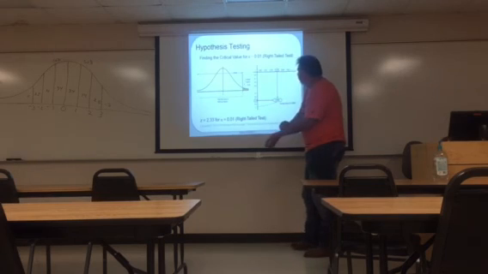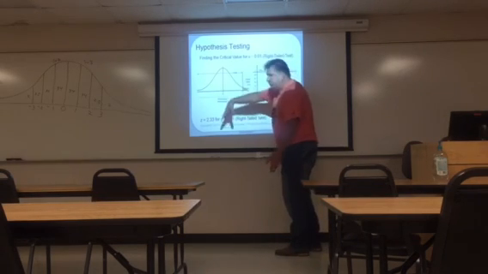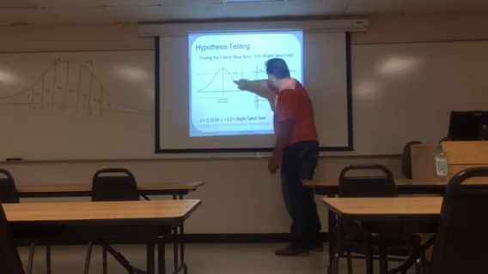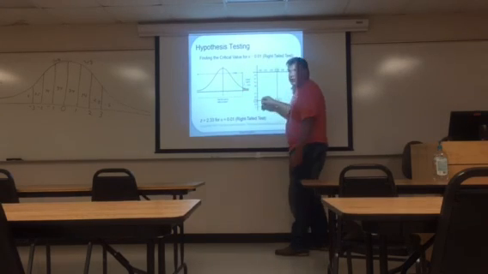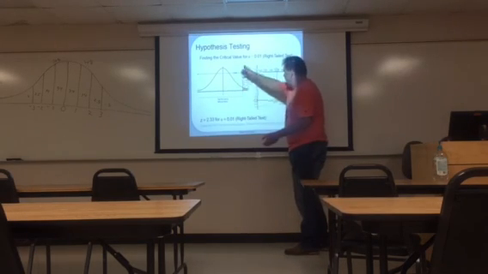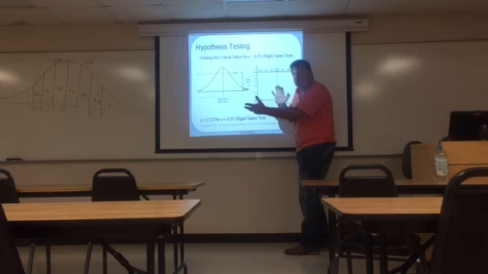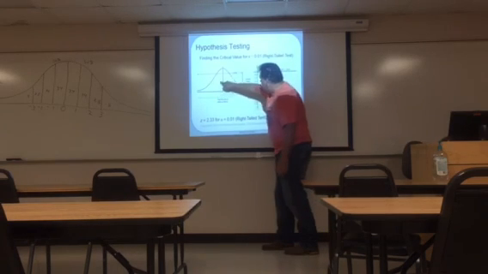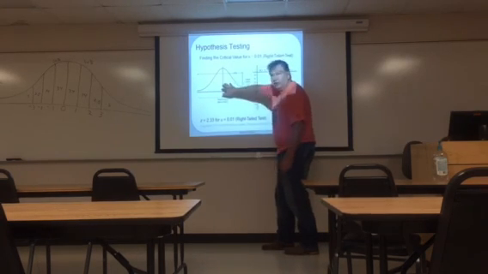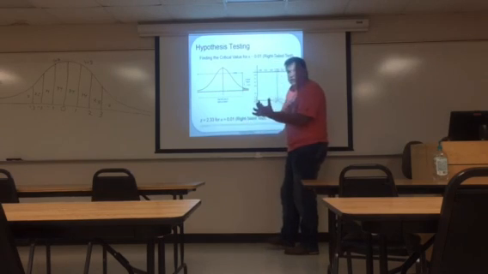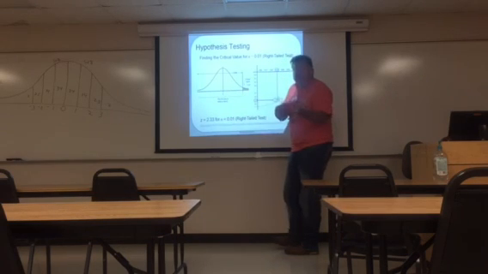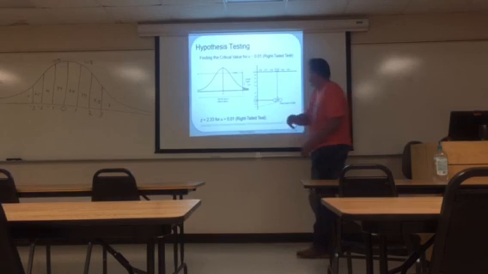So if I test my hypothesis and I get a new distribution of scores from a sample, and I test the mean, and I find the mean falls within this critical region, then I know that there are significant differences. If the mean falls in this non-critical region, I can say that there are no significant differences, or the differences, if they're over here somewhere, are due to chance and not my research.